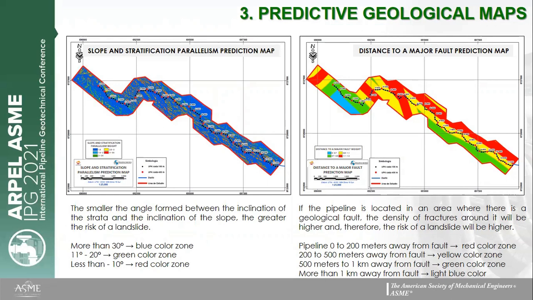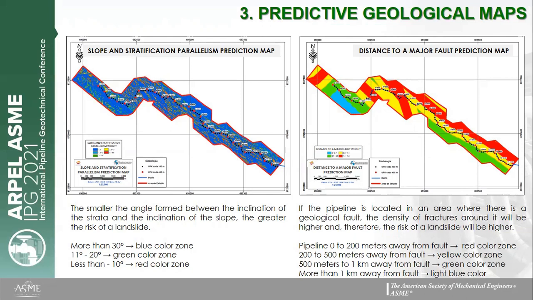The fourth map is the distance to a major fault prediction map. If your pipeline is between 0 to 200 meters away from a fault, it is going to be colored by red. If your pipeline is between 200 to 500 meters away from a fault, it is going to be colored by yellow. If your pipeline is from 500 meters to 1 kilometer away from a fault, it's going to be colored by green.